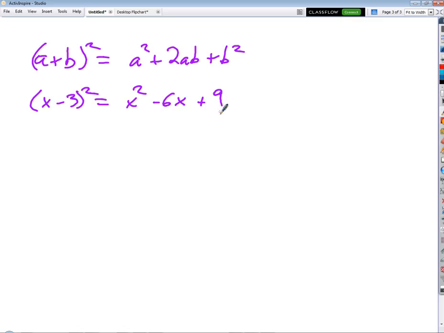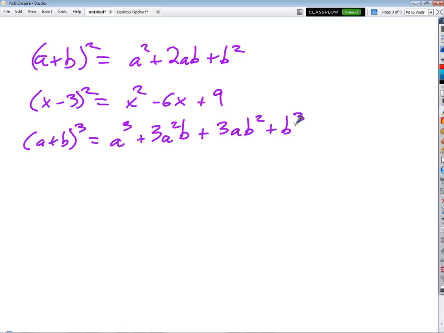Agreed? Okay. What is a plus b cubed? A cubed plus 3A squared B plus 3AB squared plus B cubed. Okay. So what is x minus 3 cubed?